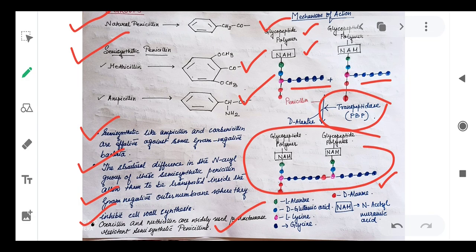The transpeptidase reaction will release D-alanine and bring about the transpeptidation reaction. Now what does penicillin do? Penicillin, in short, inhibits the transpeptidation reaction. Now the question is, how do they do this particular job?